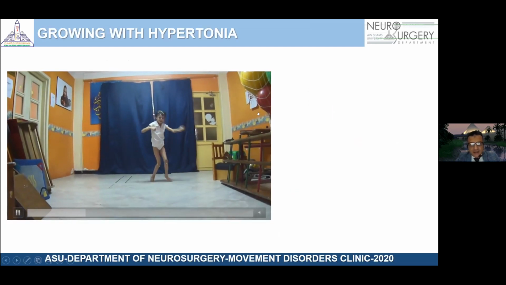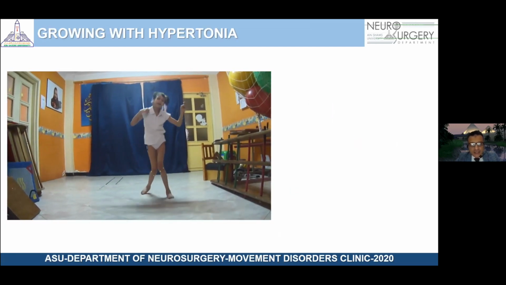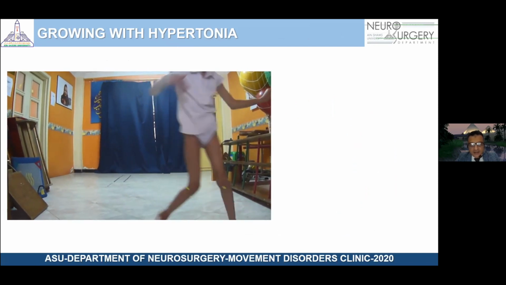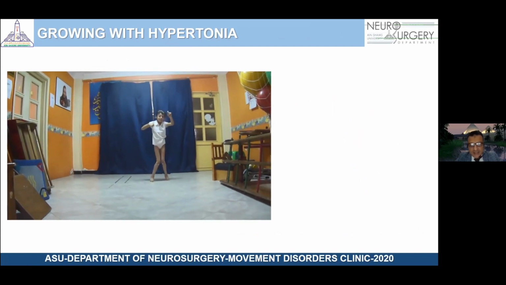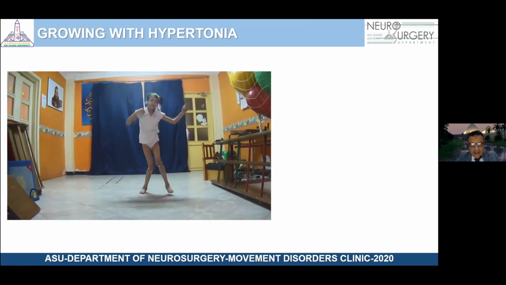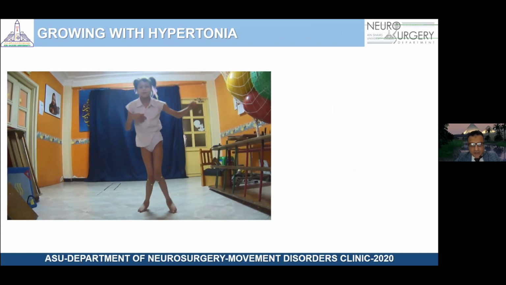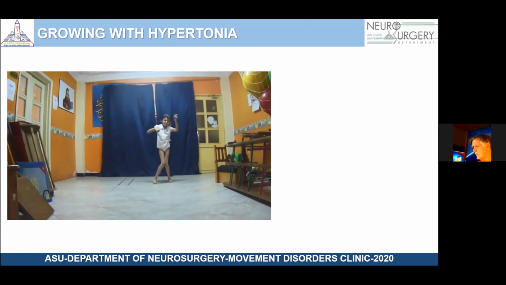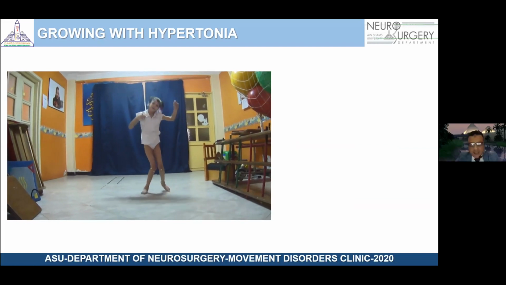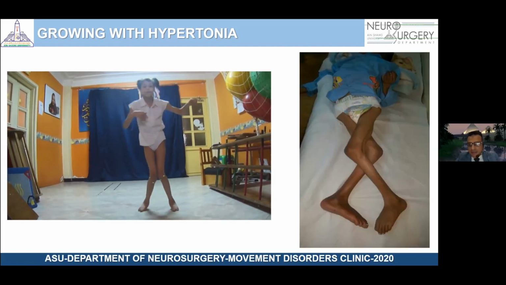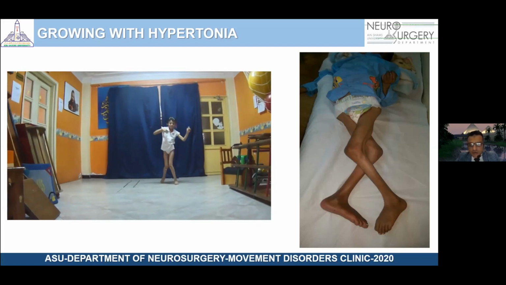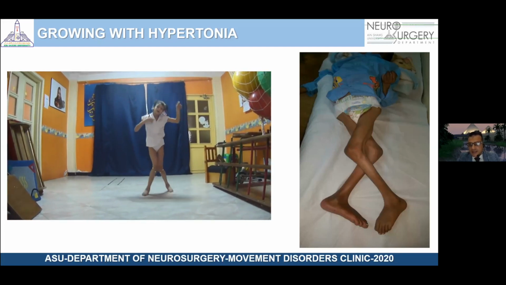Let's see this video of an ambulatory cerebral palsy girl. This pattern is what we can see in a growing child with cerebral palsy. We have two extremes, either functioning ambulatory or, on the other hand, non-ambulatory. We can estimate the impact of hypertonia on both sides.